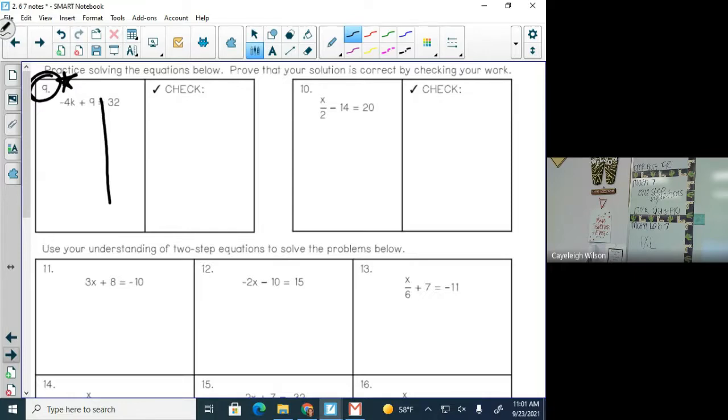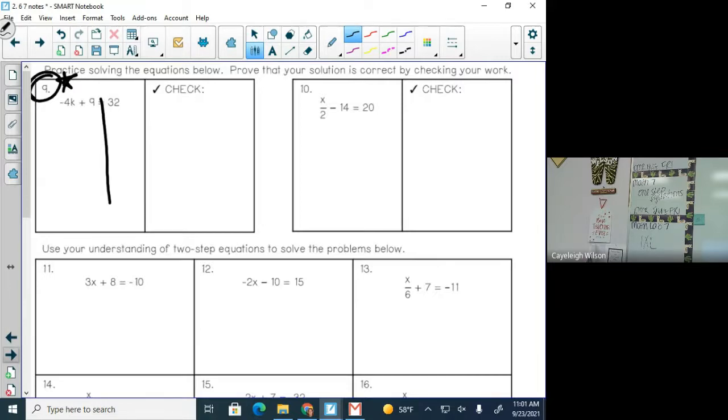You've got to do the opposite. So the opposite of multiply is? That's right. So draw your fraction bar underneath. We're going to divide by -4. I'm with you. You have to show.